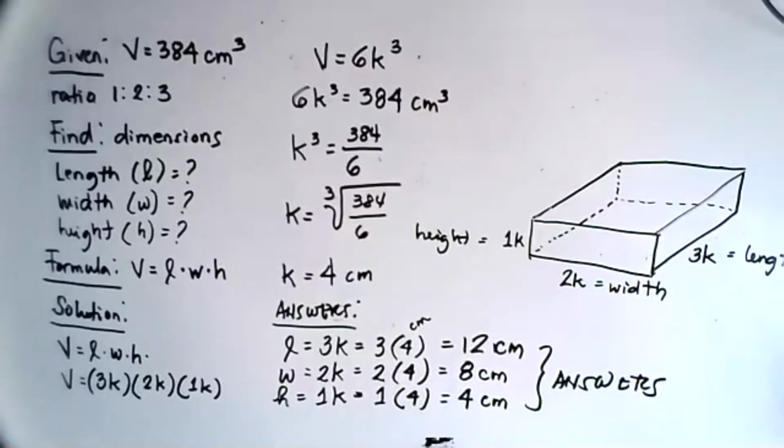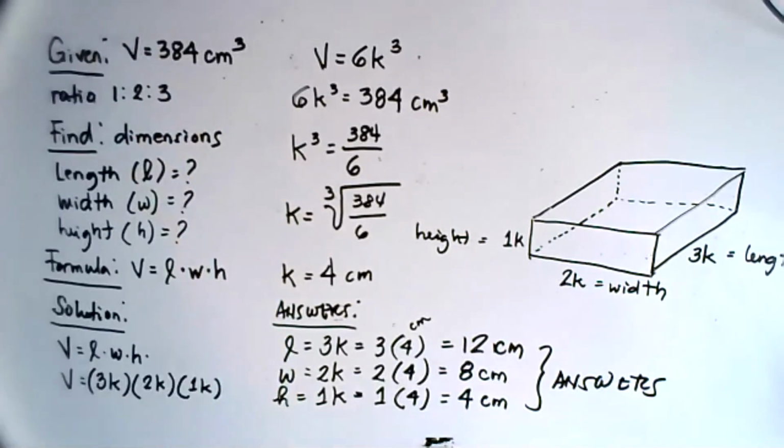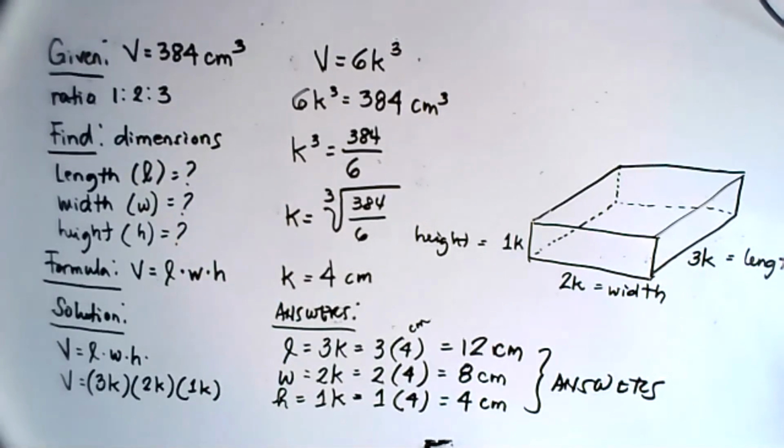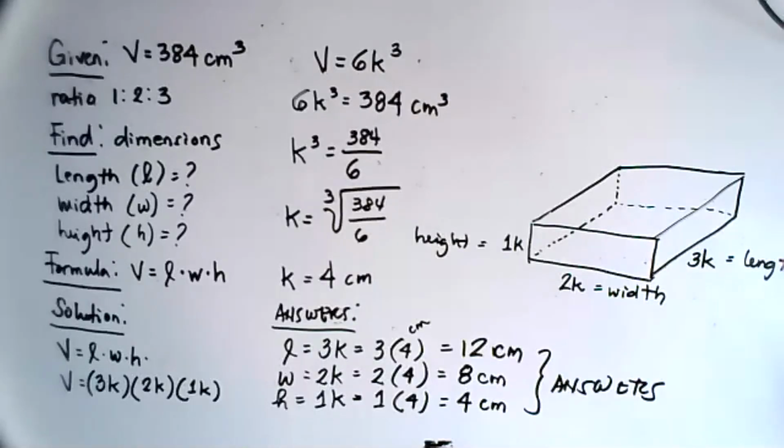Halimbawa, sinabi sa problem na 2:4:6, ang length pala ay yung 6. Depende sa pagkakabigay ng problem. Pero in this case, wala naman siyang sinasabi, so kayo yung magre-represent. Anyway, it would arrive at the same value pa rin naman ng volume.